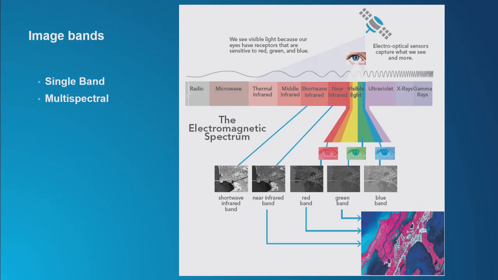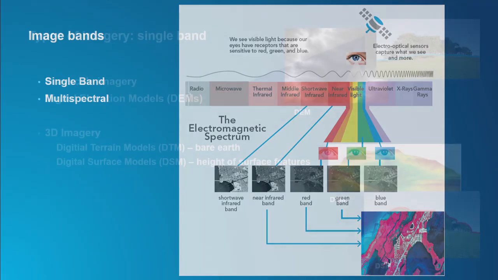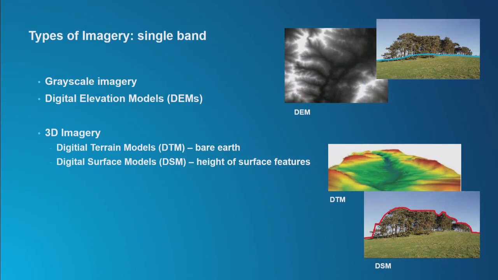All right, so just some examples here. I mentioned the grayscale imagery. I mentioned the DEMs, the digital elevation models that make single band imagery. And when it comes to derivatives from these DEMs, you might have heard these terms before. We can derive from that 3D imagery.